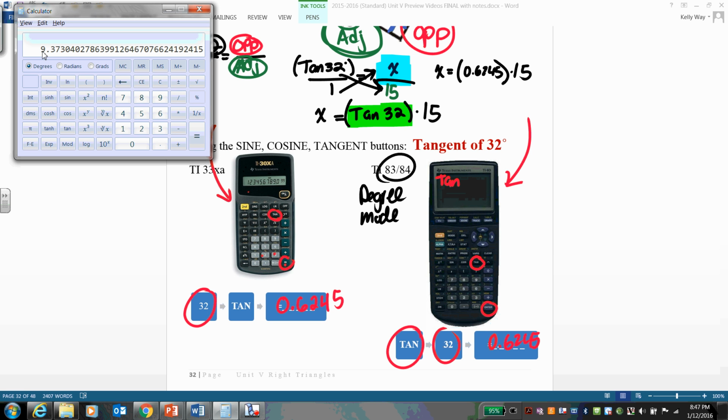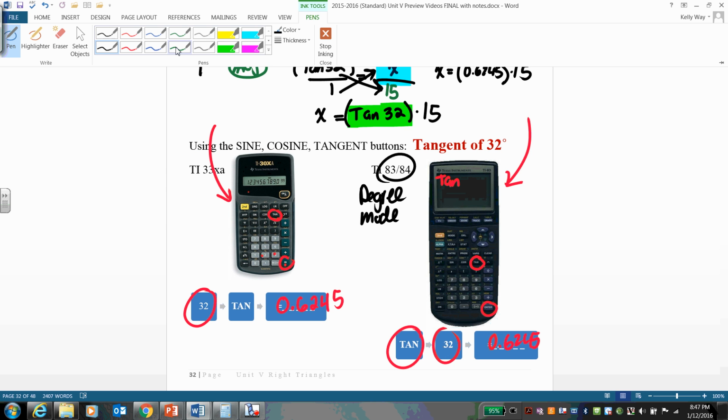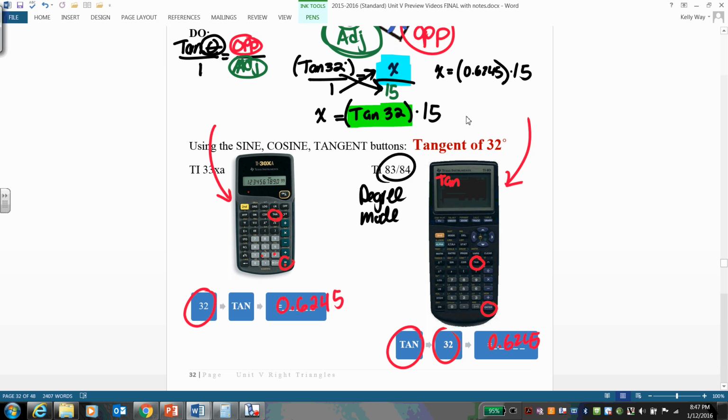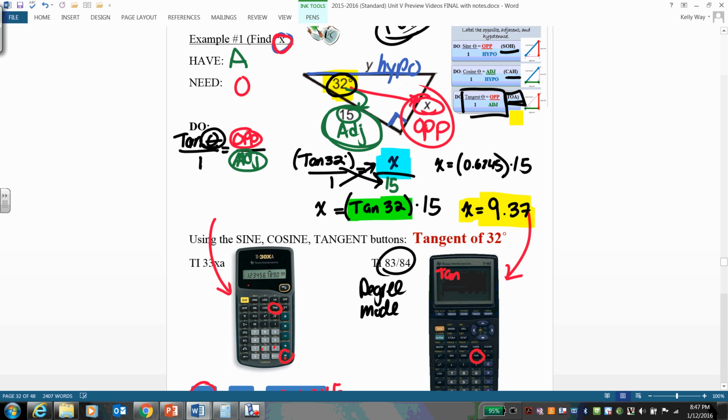So your final answer is 9.37. So my final answer for x here, x is going to equal 9.37. Ta-da! Congratulations, you just finished your first honest to goodness trig problem. So that was x.